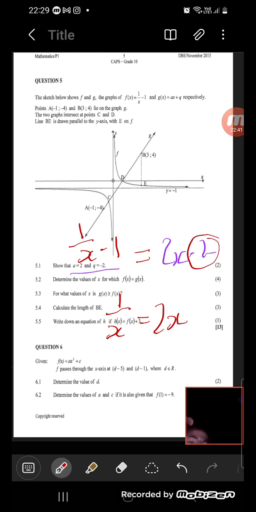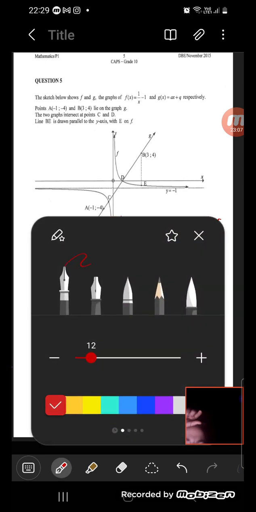I'm going to add 1 to both sides. That's basically what I'm doing, although your teacher says take 1 over, that's good accounting. Add 1 here, add 1 here. So 2x minus 2 plus 1 is how much? Minus 2 plus 1 is minus 1.